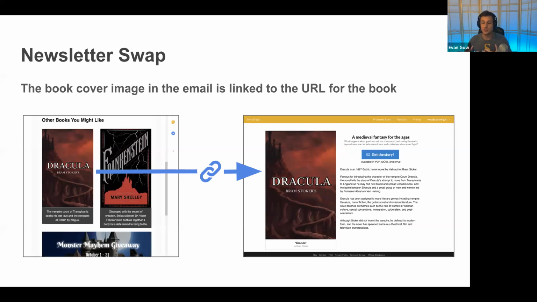You can tailor your newsletter swaps to whatever your goal is at that time, whether you are trying to grow your mailing list, find reviewers, or increase sales, whether of audiobooks or ebooks. You can target your newsletter swaps at whatever goal you have in mind.